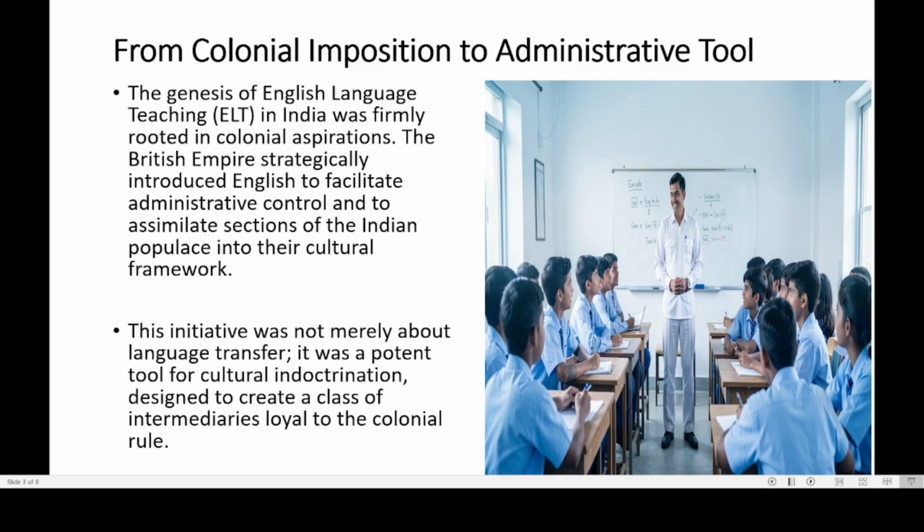Imagine a British official working in India and he cannot understand the local languages very well. So, what he does, he trains some Indian people in English. These students become clerks, teachers, and government assistants. And gradually, this official created a new group of English educated Indians.